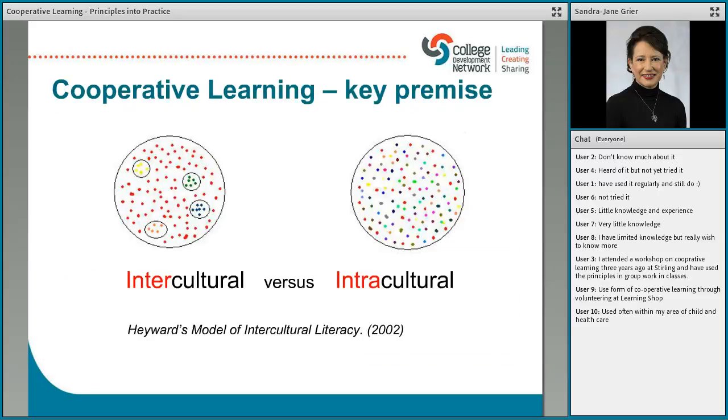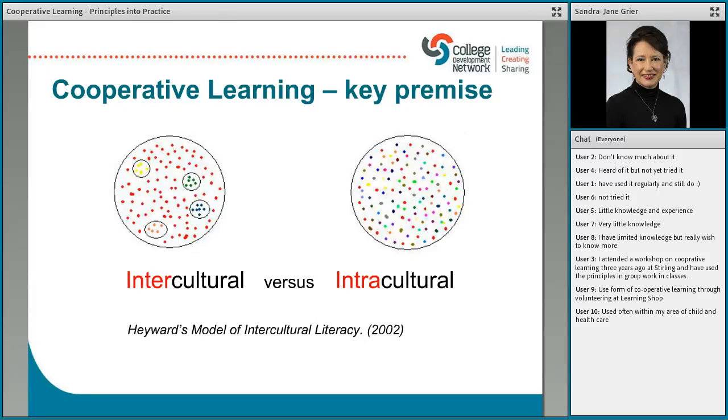Cooperative learning, one of the key premises behind this is about the focus of intercultural versus intracultural learning. And Mark Hayward is another international education consultant, and as far back as 2002, he defined intercultural literacy as a multidimensional construct, including the competencies, understandings, attitudes, language proficiencies, participation, and identities that are necessary for successful living and working in a cross-cultural environment.